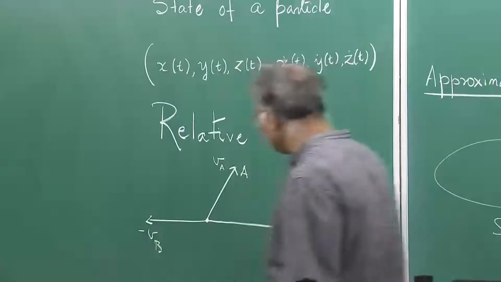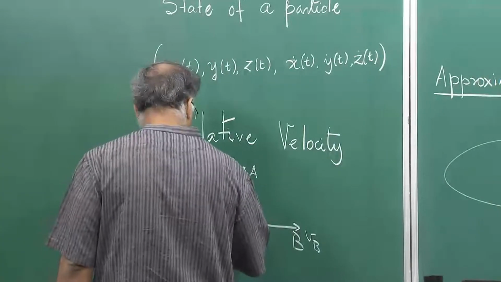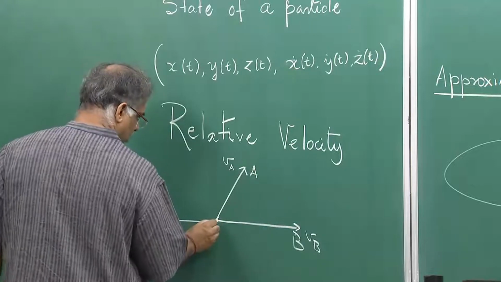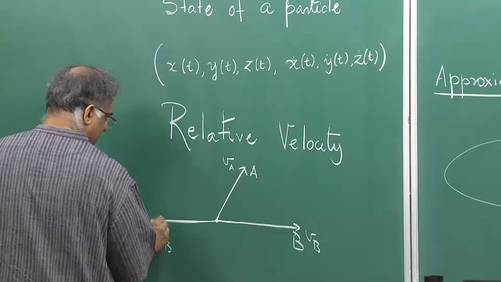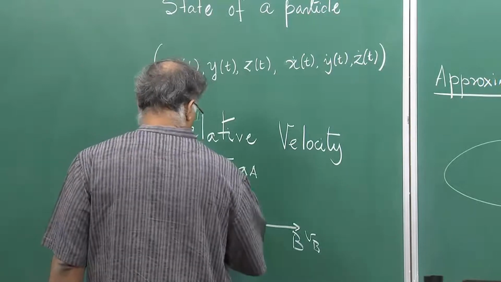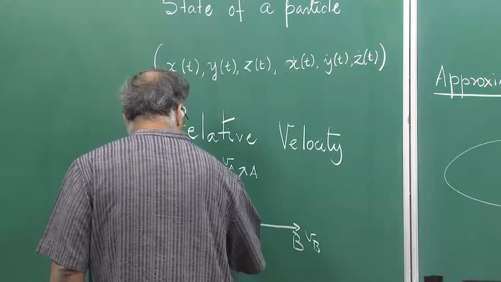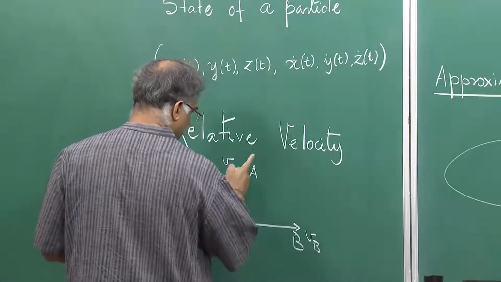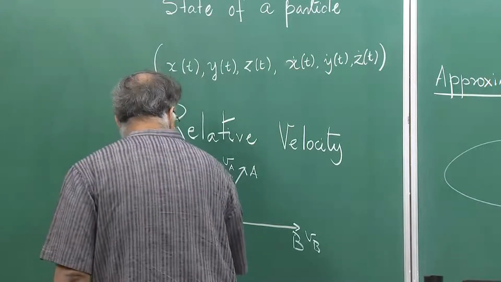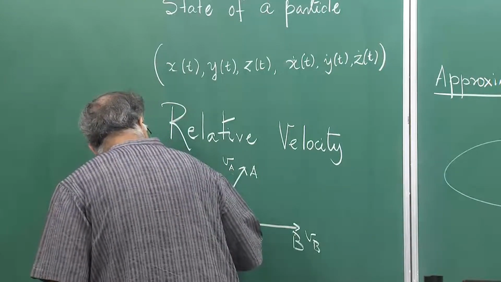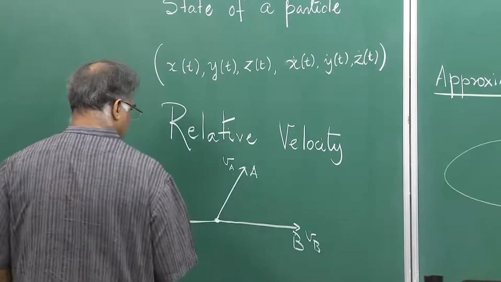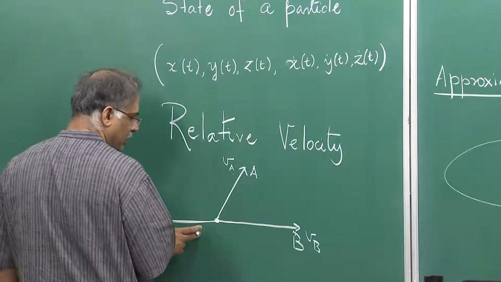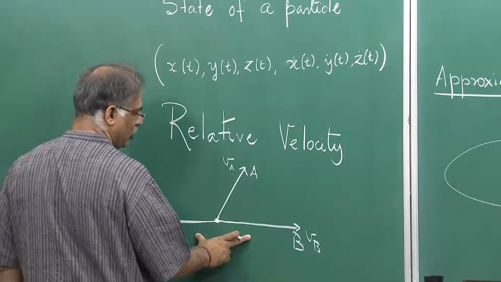And now once you do this, it is 0. Now, with respect to this ship, how will this look like? Basically you add this velocity with this velocity. If I apply minus Vb velocity to the ship B, my ship B has stopped.